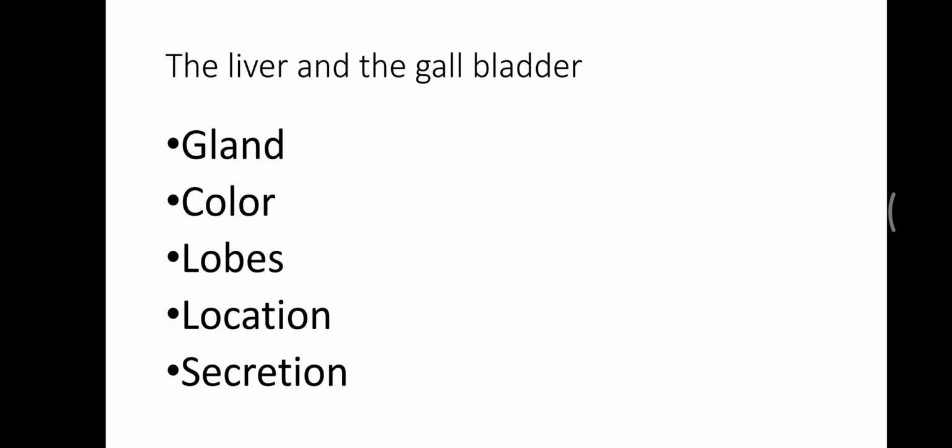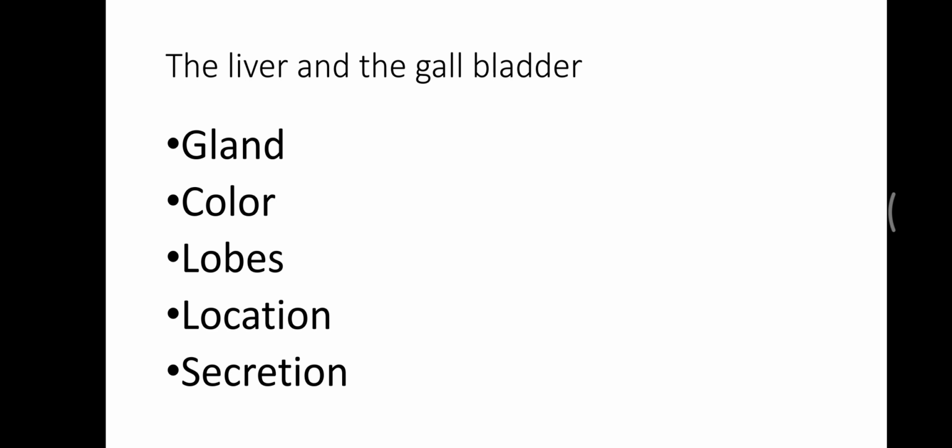All the glands which are present in your body are small as compared to liver because liver is the largest gland in the body. If we talk about the color of liver, then it is dark red and is made up of 5 lobes. So color of liver is dark red and lobes which are present in liver are 5 in number.